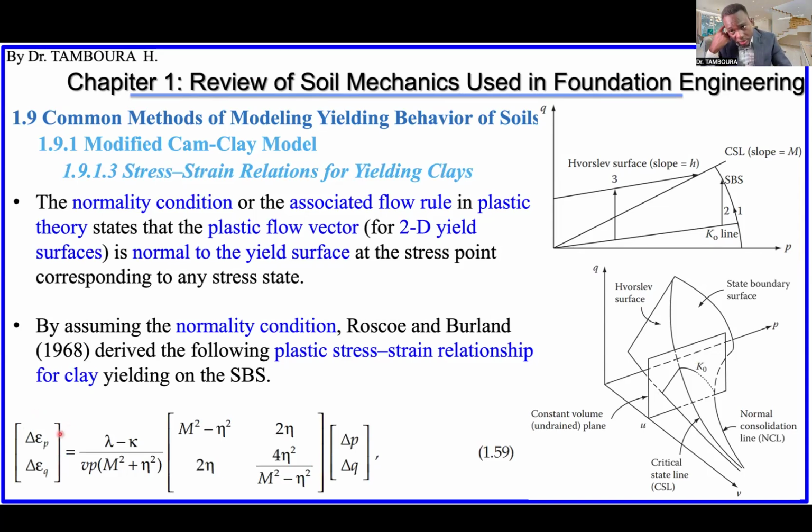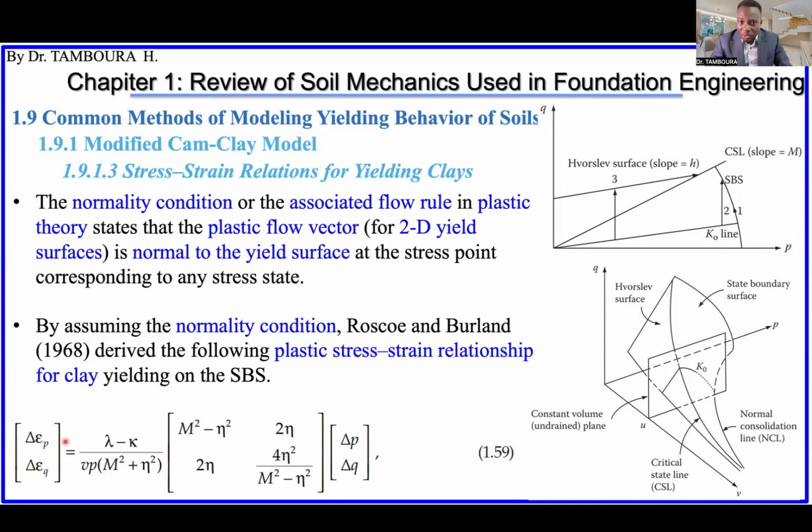Stress is caused by forces applied on the foundation, and this stress will cause strain or deformation.